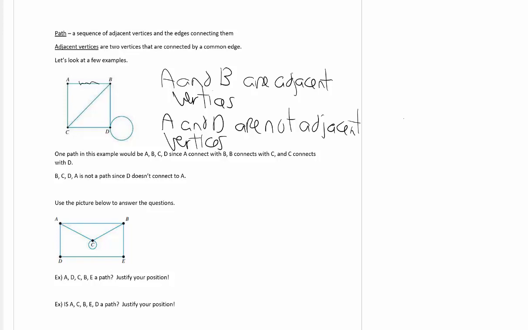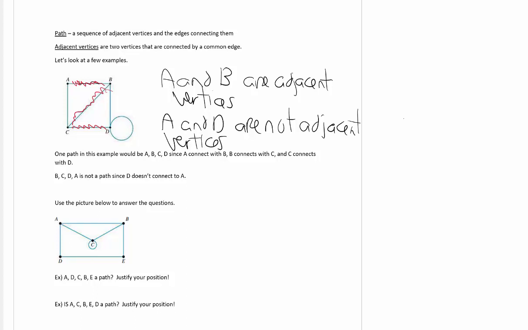So one path might be as follows. We have A to B, B to C, and C to D, because A connects with B, B connects with C, and C connects with D. Now, in this same example, BCDA is not a path because D does not connect with A.